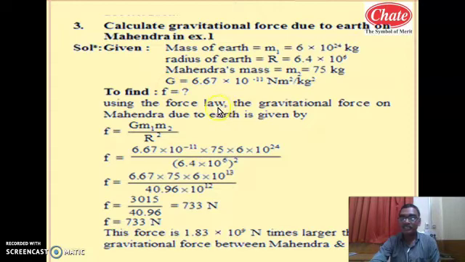Using the gravitational force formula, F equal to G m1 m2 by R square, we calculate the force between Mahendra and Earth.